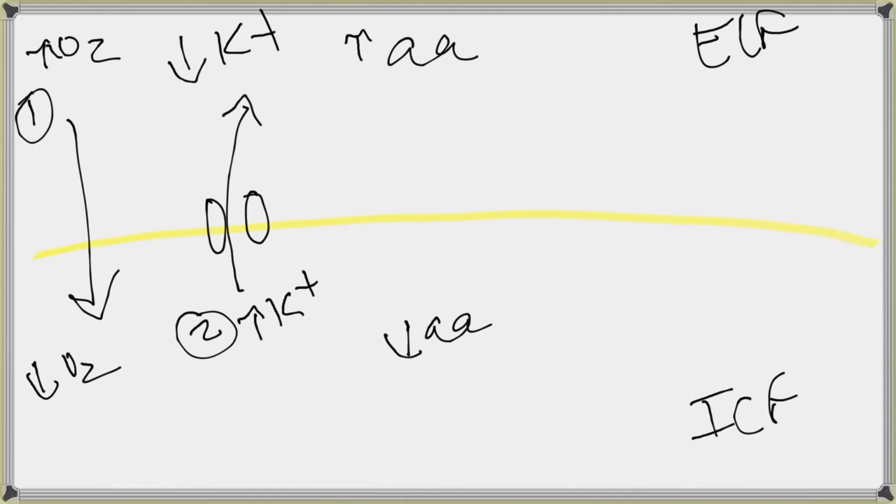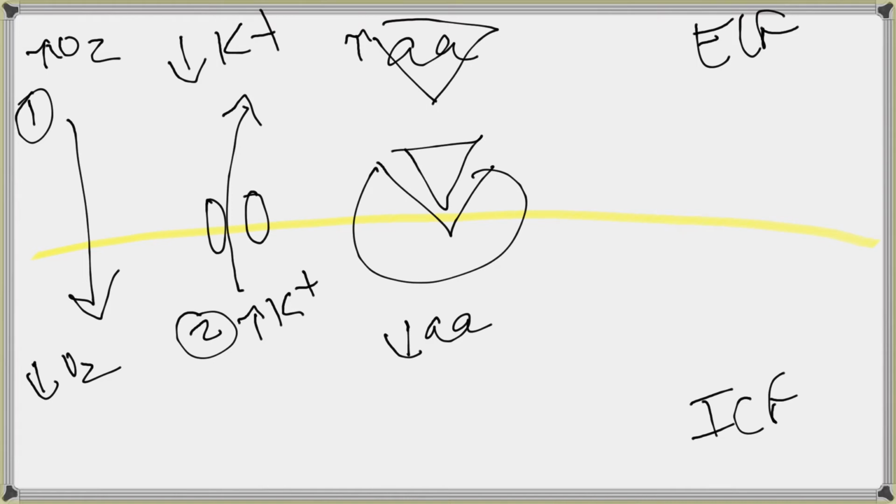Can it move straight through the cell membrane? Nope, too big. Can it move through a channel? No, it's generally too big to move through a channel as well. So what do you do next? It's going to move through a carrier protein, let's say the carrier has this shape. What is it called when you diffuse something from high concentration to low concentration through a carrier protein? This is number three, and it's called facilitated diffusion.